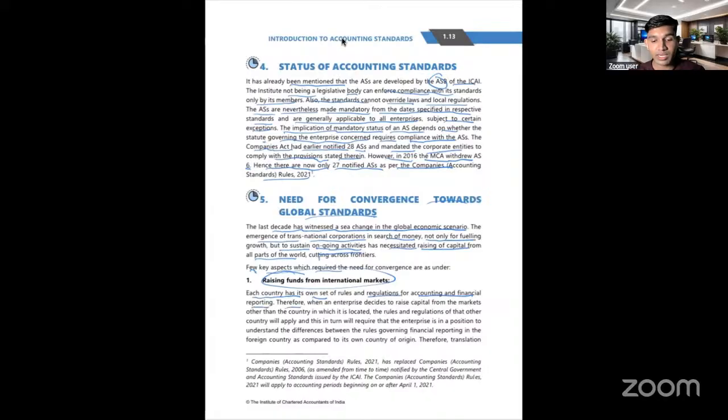Therefore, when an enterprise decides to raise capital from markets other than the country in which it is located, the rules and regulations of that other country will apply, and this in turn will require that the enterprise is in a position to understand the differences between the rules governing financial reporting in the foreign country as compared to its own country of origin.